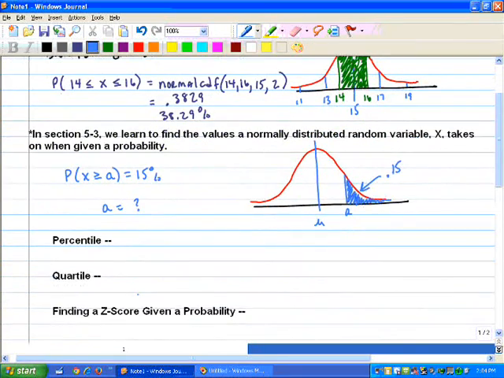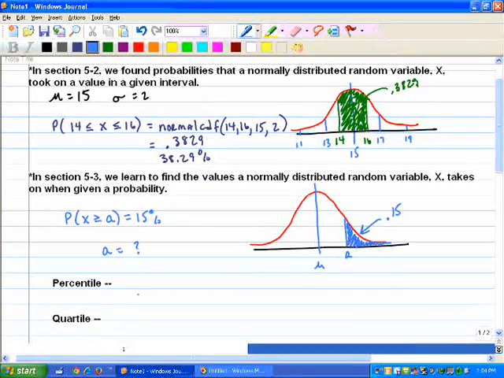Before we get started on that, we're going to start by recalling what a percentile is and a quartile.